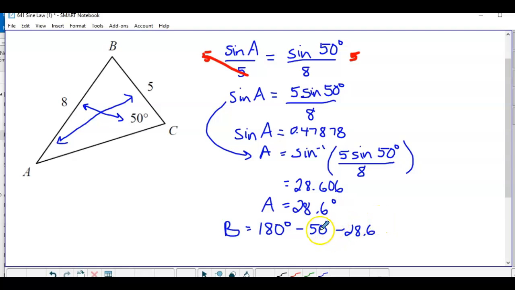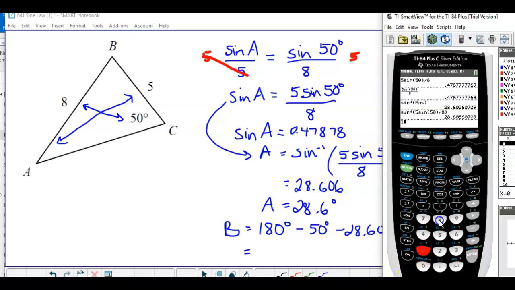It's not going to cause a problem. If these were rounded, I would actually keep the 3 decimal places. So kind of up to you. I'll leave it there because I've just written it in, but in your calculator you already have that, so you can go 180 minus 50 and minus that answer. And now this is the last angle, so we don't have to copy more decimal places, just round to the nearest tenth, which is 101.4.